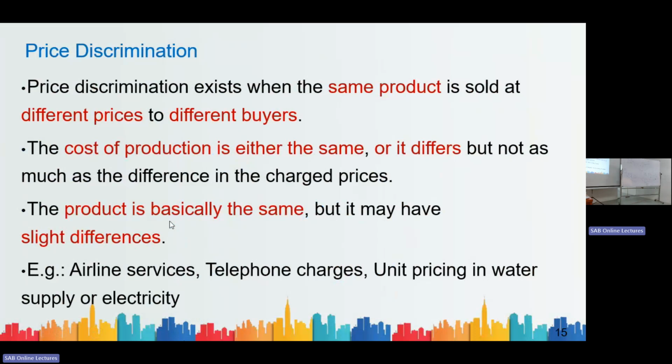The same product, or almost the same product, is sold at different prices to different buyers. The cost of production can be the same or can be slightly different.